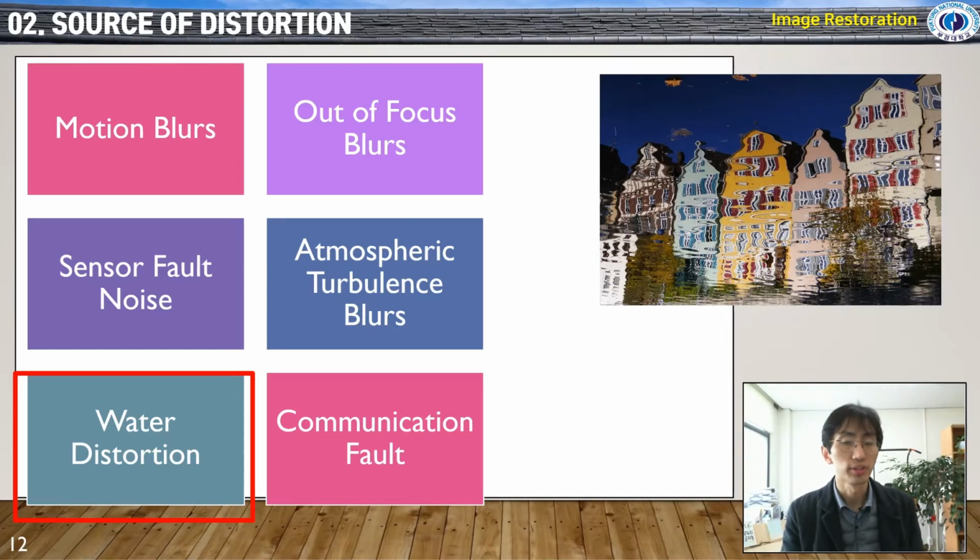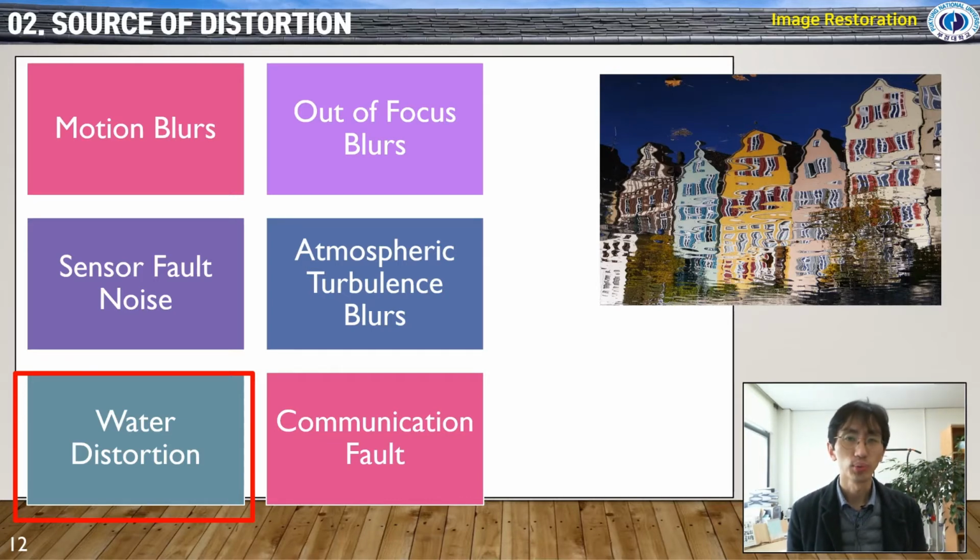This is water distortion. Also, water distortion can happen when we take images under the water. In that case, also, water flows. Right? Water is not fixed or static.